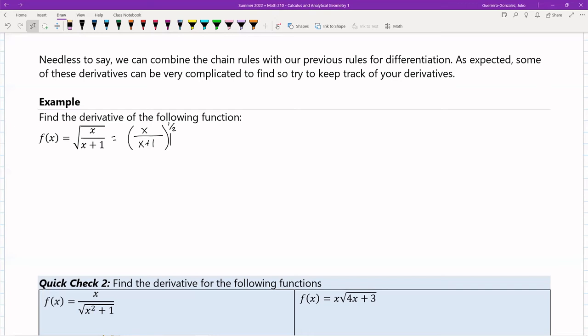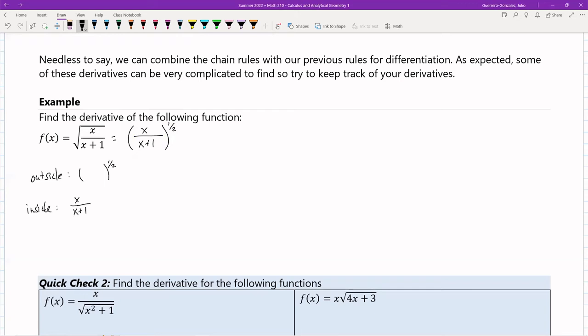So if we have it written like this, we can already see that the outside function is the one attached to the 1/2, and the inside is going to be our x over x plus 1.